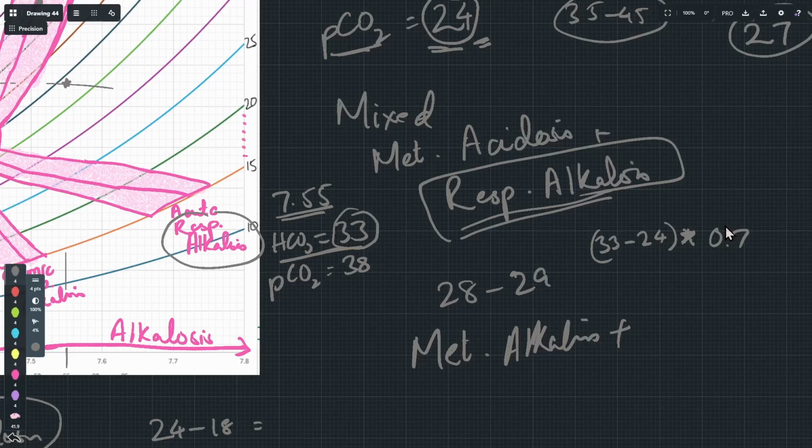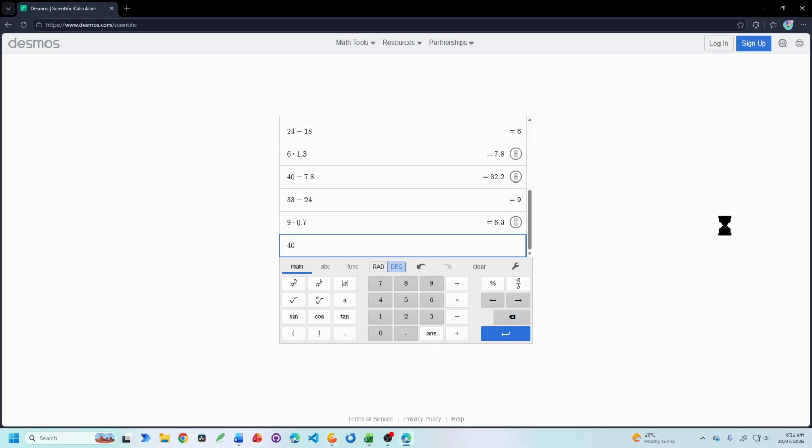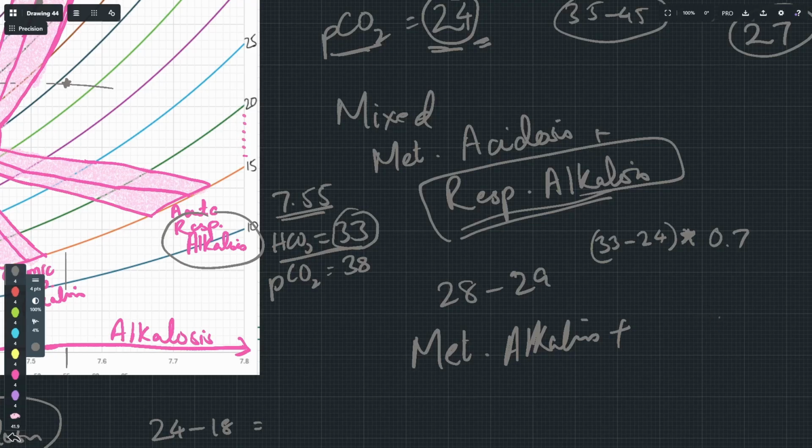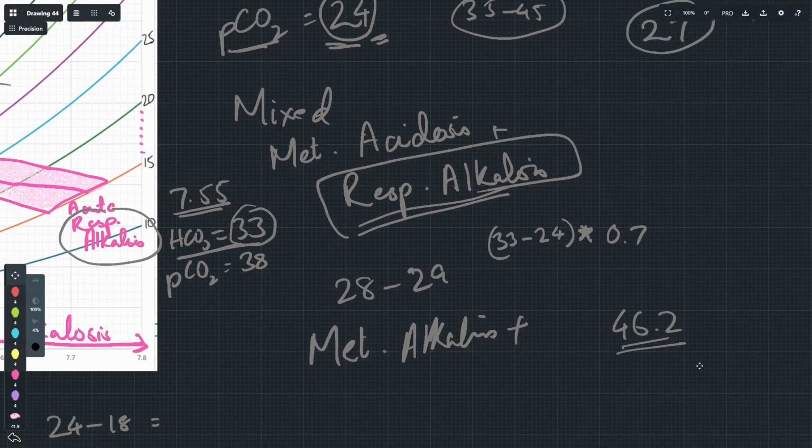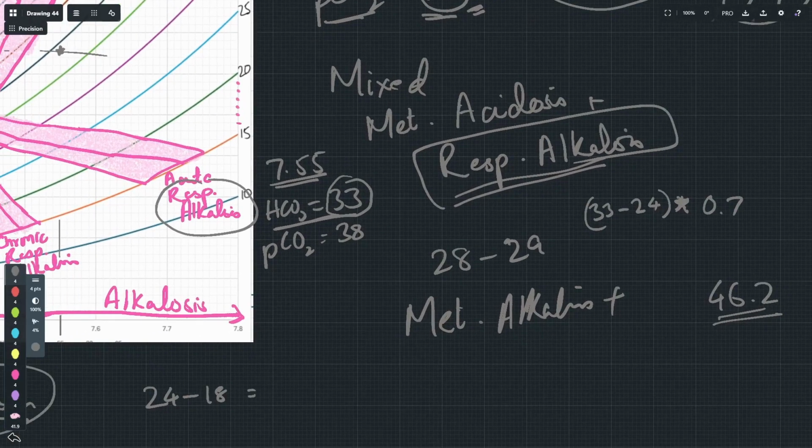It is alkalosis, so it means there should be a rise in the PCO2. It should be nearly 46.2, close to 46.2, right? But here it is 38. It is not that close.